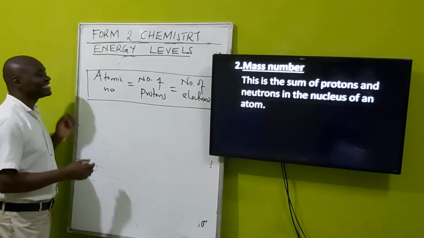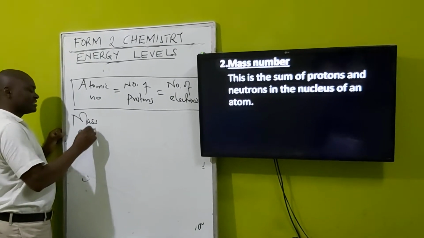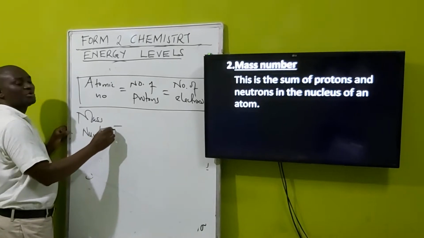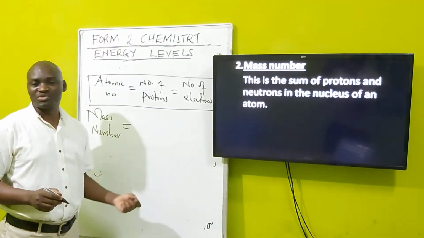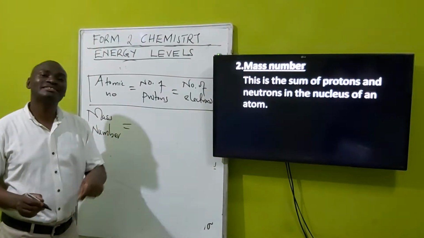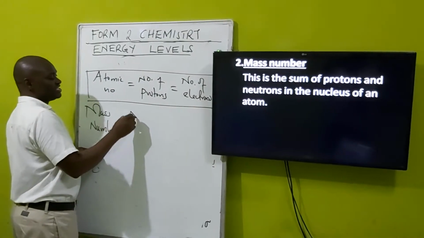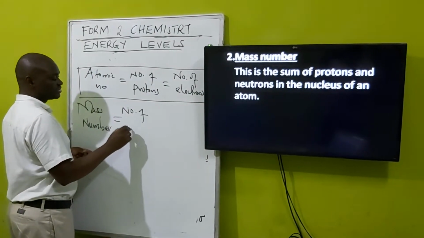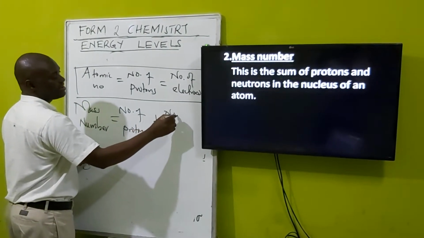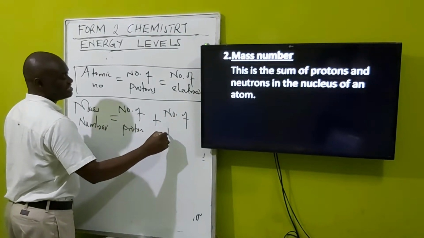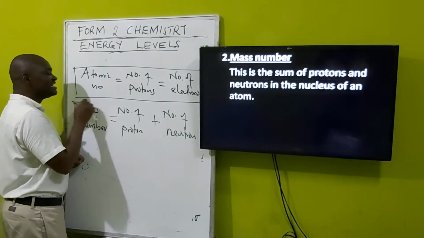Then another characteristic is the mass number. So the mass number is the sum of protons and neutrons in the nucleus of an atom. Sum means you add the number of protons plus the number of neutrons, found in the nucleus.